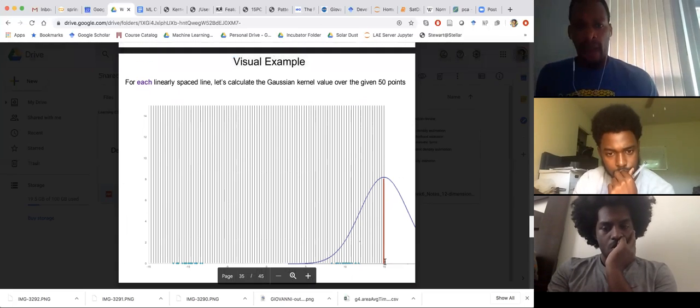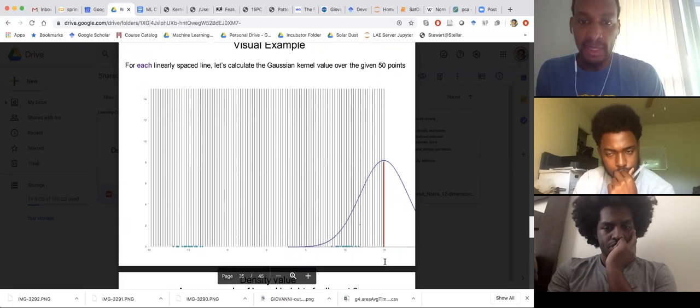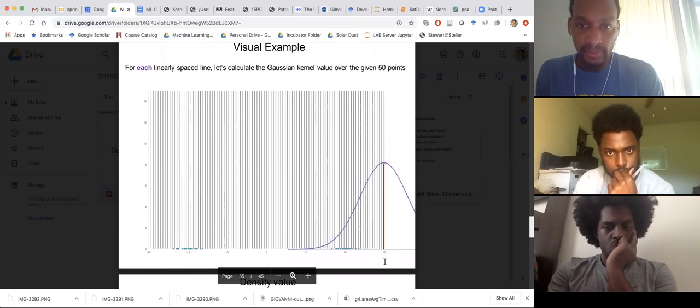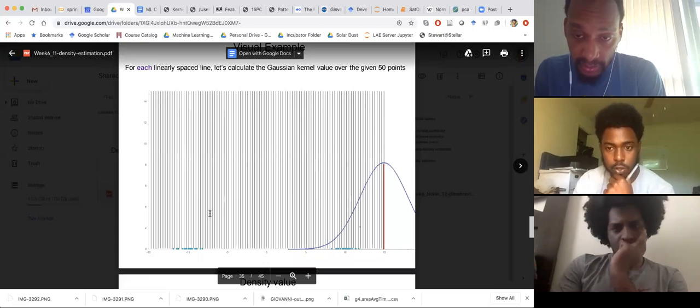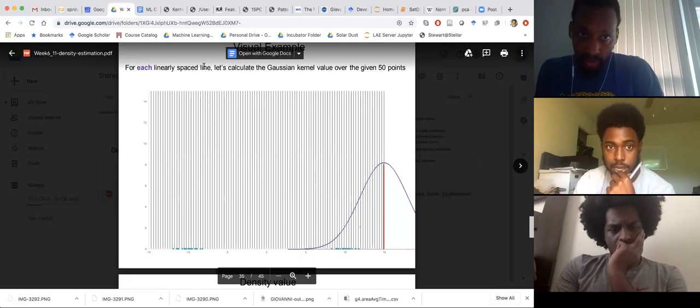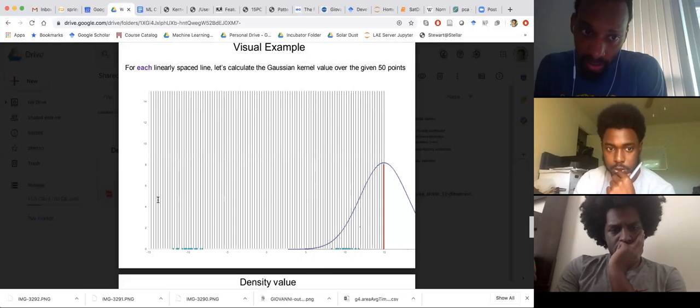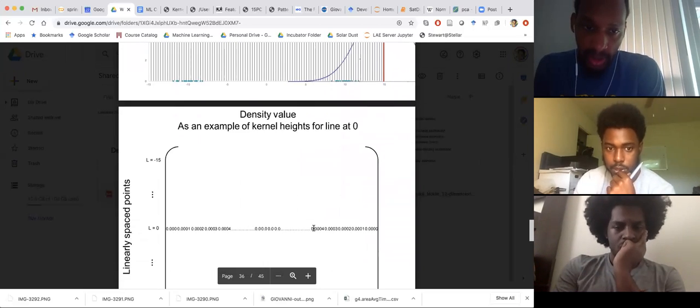So you have one of these for each of the 50 points. I think they discretized it to 200, and then for each linear space line, they calculate a Gaussian kernel. So the Gaussian kernel is calculated for each line, and it uses all the 50 points. Oh, I see. That makes sense.